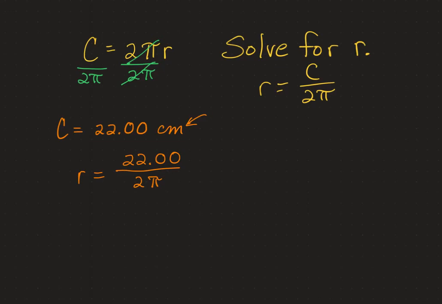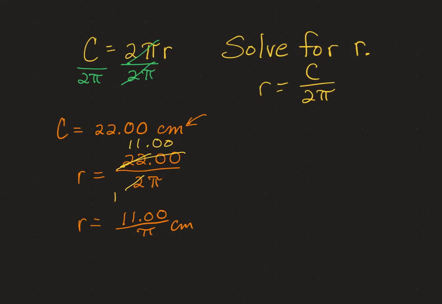Now at this point, if I want an exact answer, the most I can do is cancel here. 2 goes into 2 once, 2 goes into 22.00, 11.00 times. So my exact answer for this would be r equals 11.00 divided by pi centimeters.